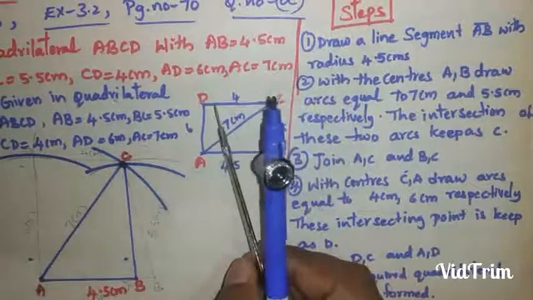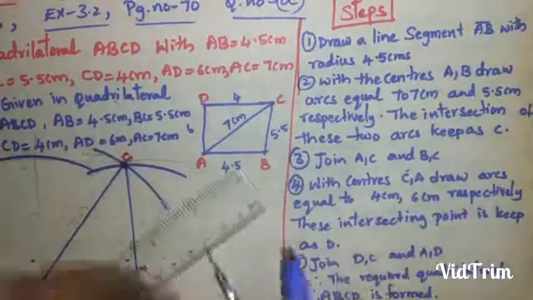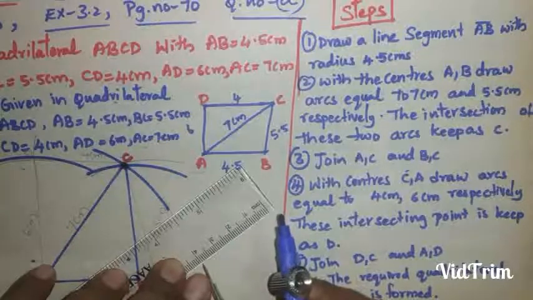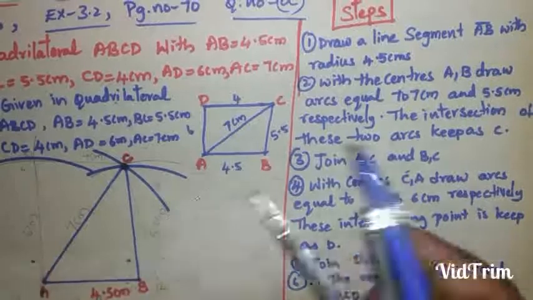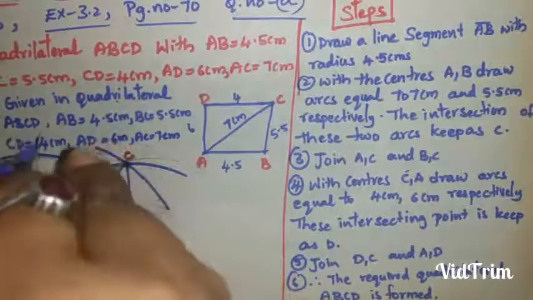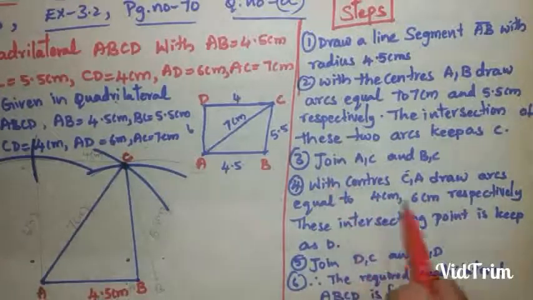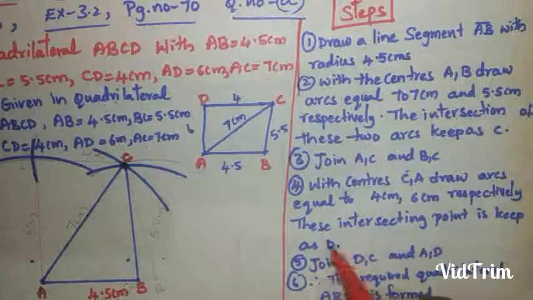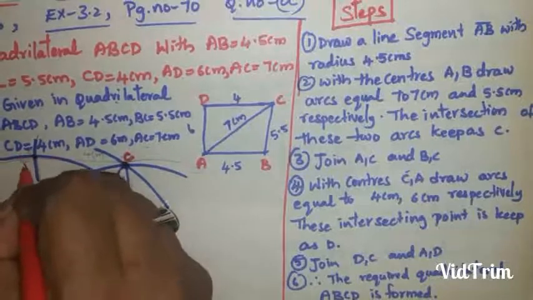From C to D is 4 centimeters, so from C we draw one more arc of 4 centimeters. These two arcs meet at a point. Let this point be D.